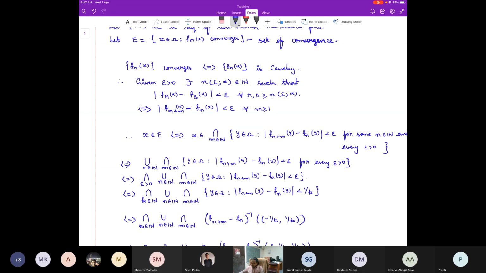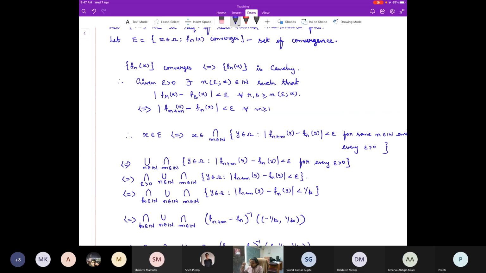And therefore, since this is true for all m, you take the intersection over m in N of the set of y in omega such that mod f(n+m)(y) minus fn(y) is less than epsilon for some n in N and every epsilon positive, right?